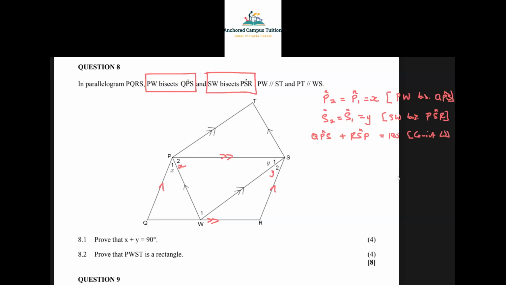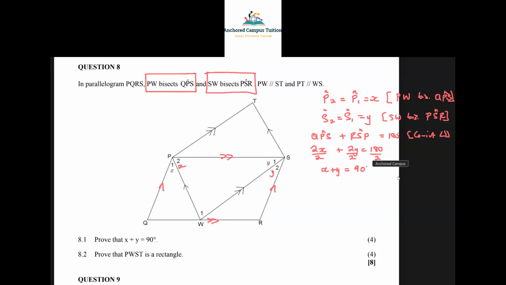Then QPS is 2x plus RSP is 2y equals 180. Divide everything by 2. Therefore, indeed, x plus y is 90 degrees. Done.